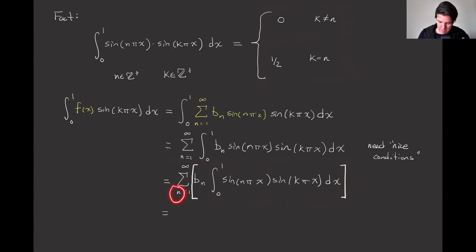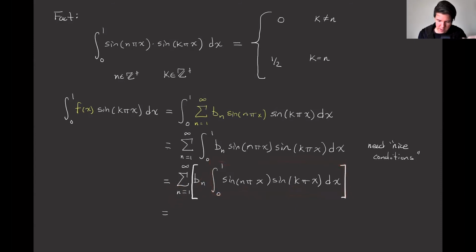Notice the n is the thing that's changing. The k is not changing. So the k is fixed, the n keeps changing, and at some point n hits the same level as k and ends up equaling k. In that case, what this whole thing becomes is just 1/2.